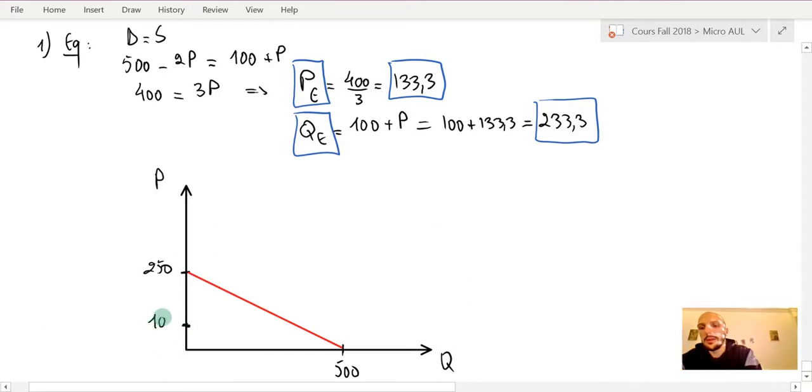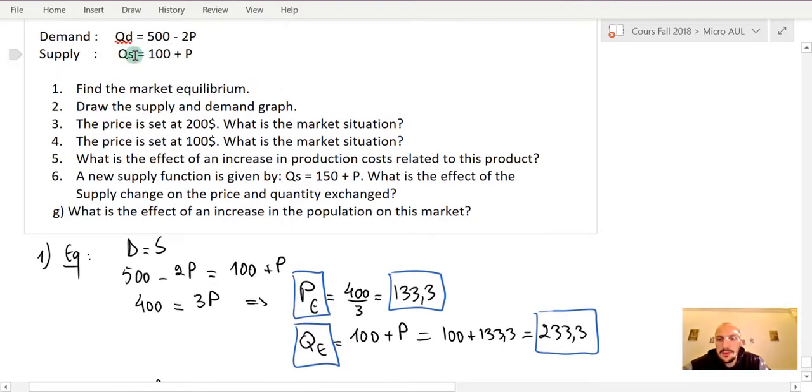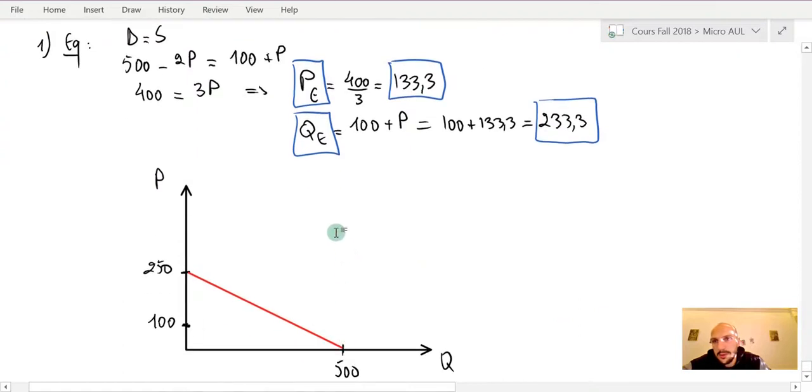So it starts here at 100 and goes up, for example, to quantity 500. If you put quantity 500, the price is 400. So here at 500 we will be around 400, somewhere here.